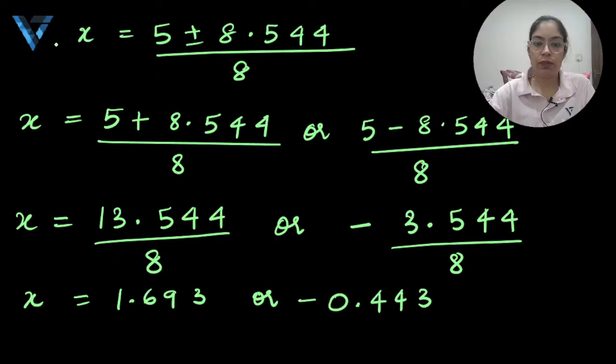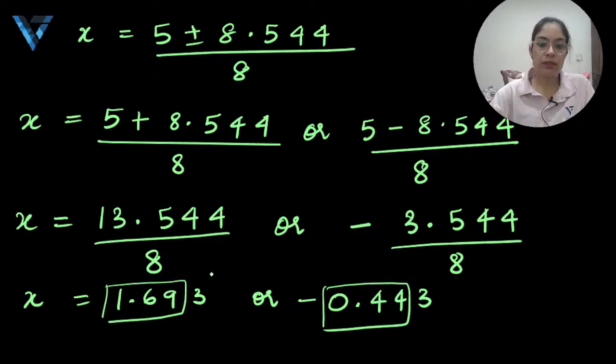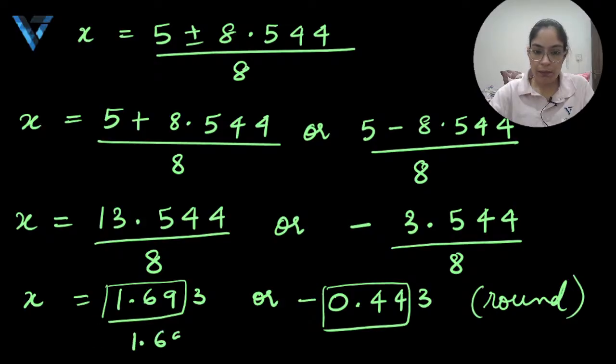You have to see up to 2 decimal places. Look at the next digit; if it is greater than 5 you round off, otherwise you don't. Write up to 3 decimal places, then round off the final answer. So this is 1.69 because after 9 we have 3, so we don't round it off.